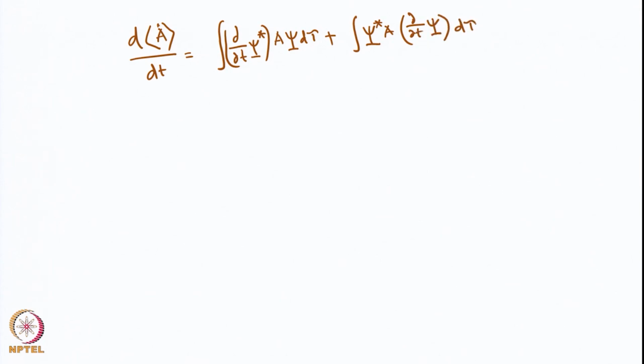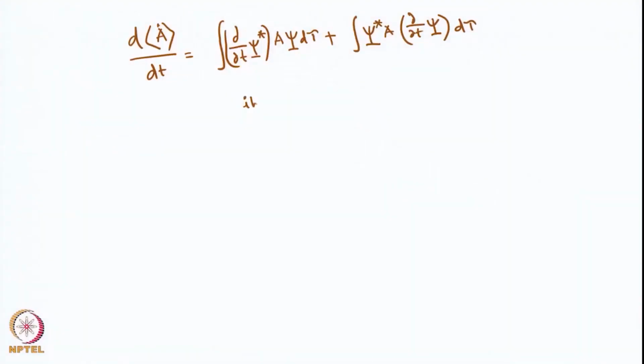Now, here we are going to invoke the Schrodinger equation. What does the Schrodinger equation say? i h bar d by dt of psi equals H psi. This implies d by dt of psi is equal to 1 over i h bar H psi.